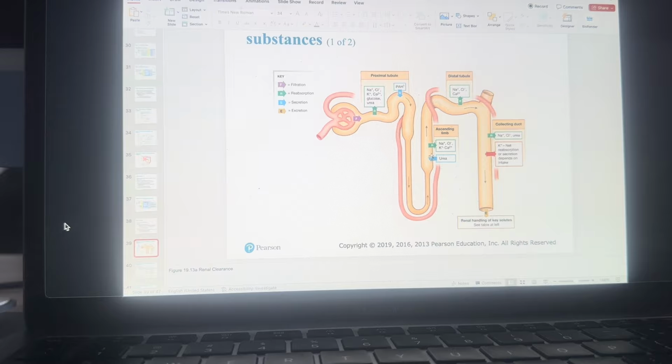In the distal tubule, you're removing salts, ions, calcium. And lastly, in the collecting duct, the duct right before going into your bladder, you're reabsorbing any more salts and ions, urea, and you could also absorb certain substances.